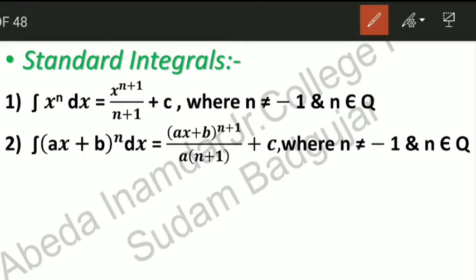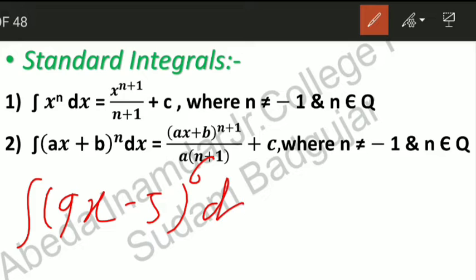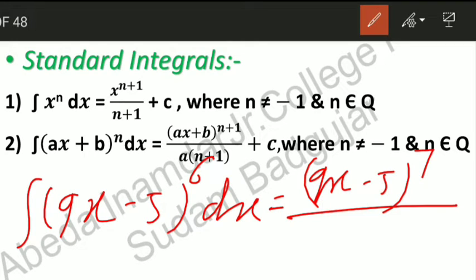Then how to apply this formula? Suppose, for example, integration of 9x minus 5 bracket raised to 6. See, the base function is linear, 9x minus 5, it is nothing but the ax plus b form. So its integration is 9x minus 5 bracket raised to 6 plus 1, it becomes 7, divided by 7 into what is a here?